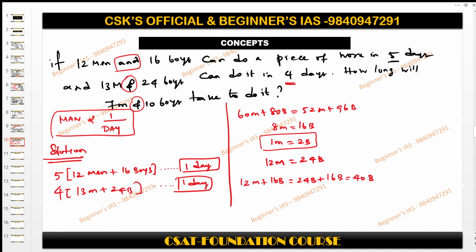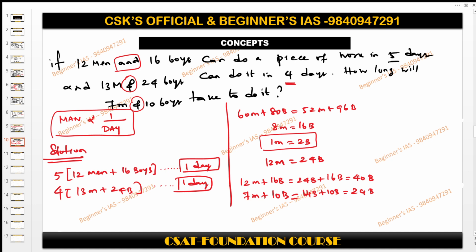So which means 40 boys, right? Then 7m plus 10b, 7m is equal to what? 14b. So 14b plus 10b, which is equal to 24b. Okay, fine.